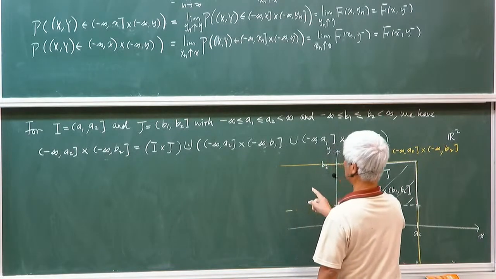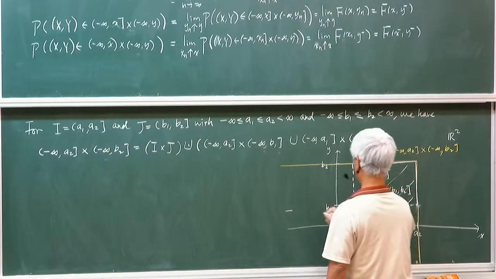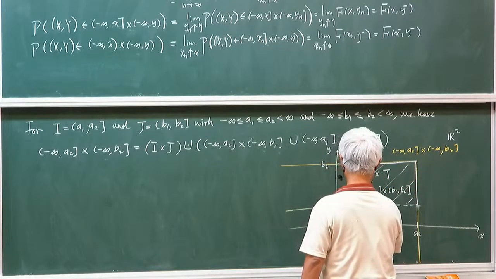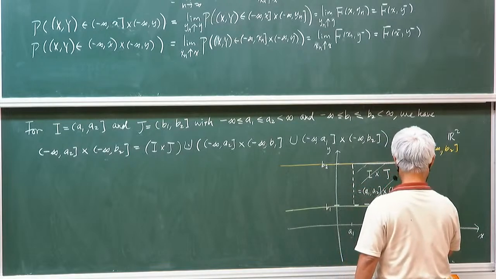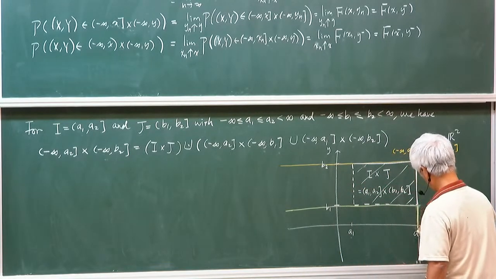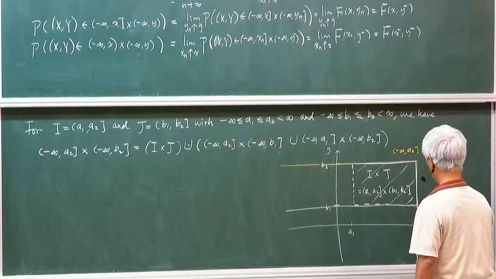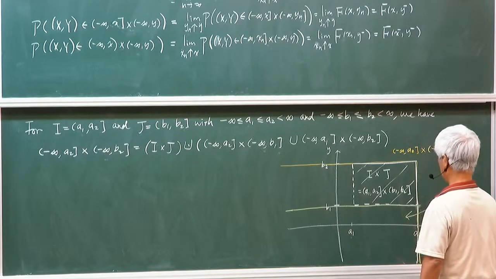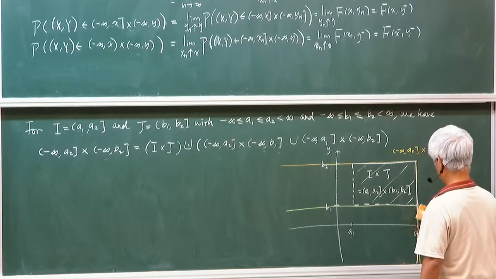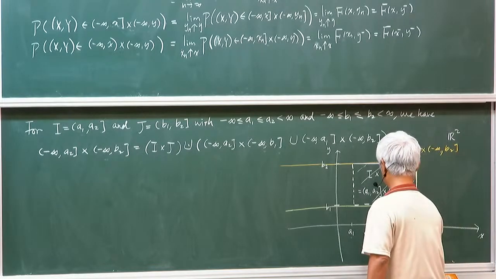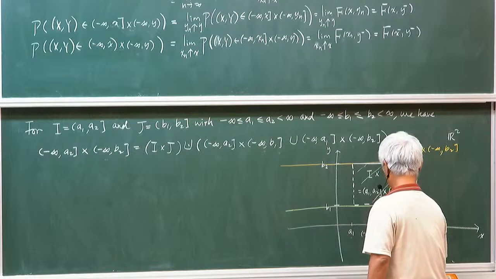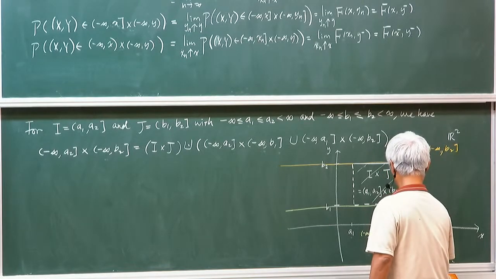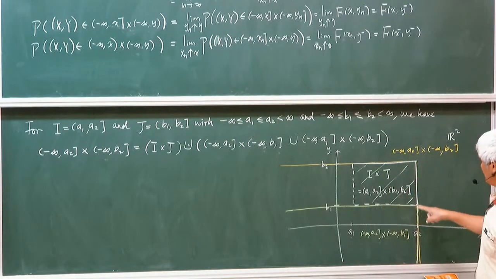Well, the union of these two, on A2 and B1. So the green part, this green part, is minus infinity to A2 times minus infinity to B1. Okay, so it includes both ends.